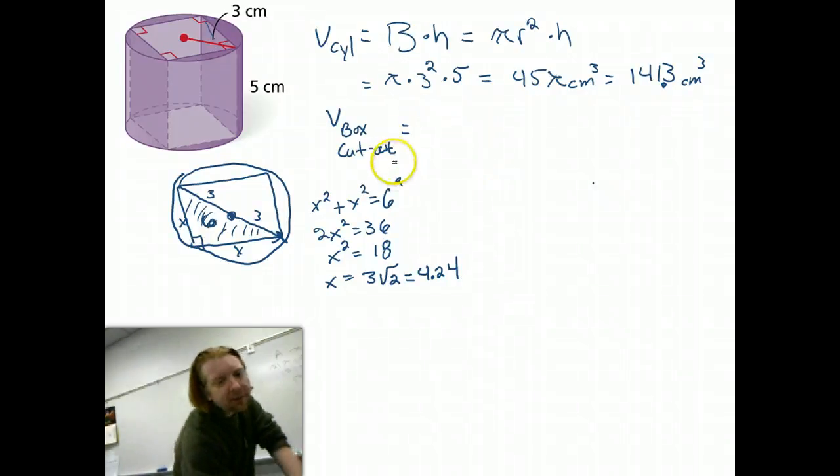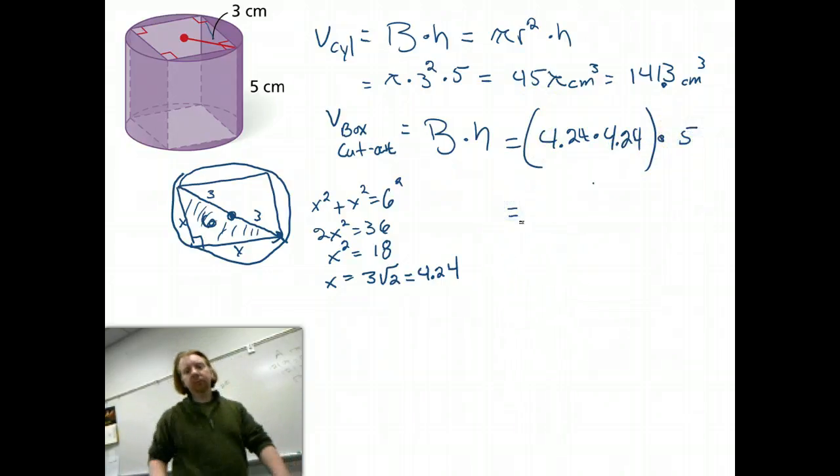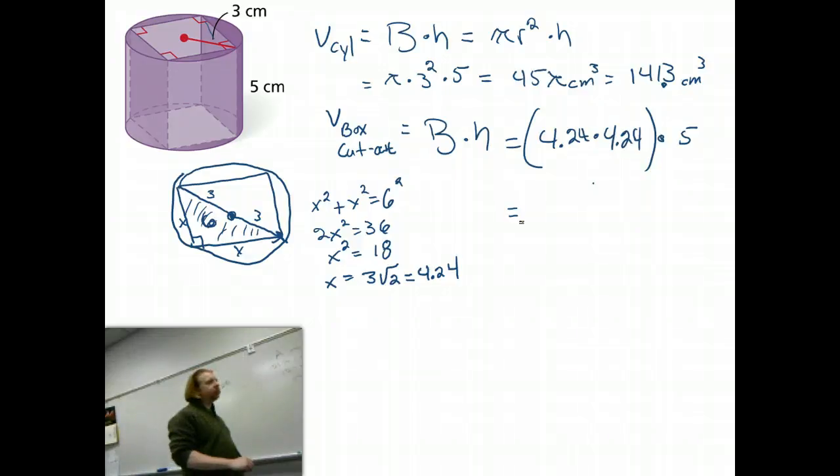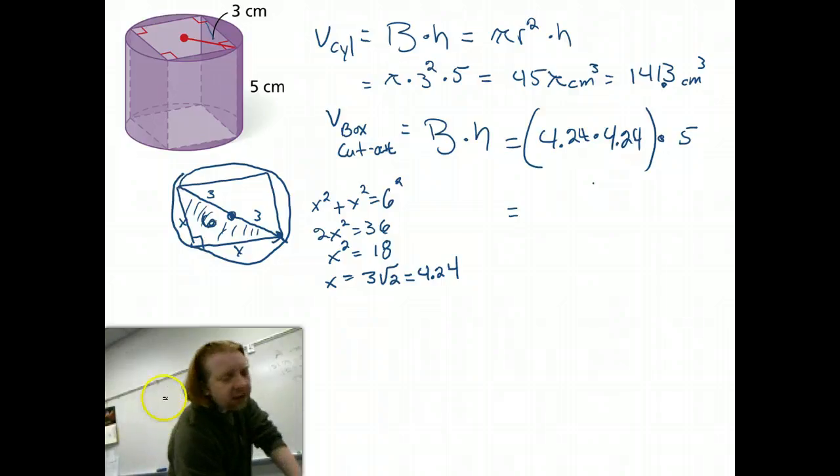So either way, the area of that cutout, base times height, we're still not done. So 4.24 times 4.24, that's the area of that cutout, times its height, 5. 4.24 is the length of one side.